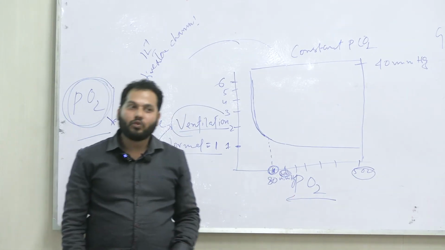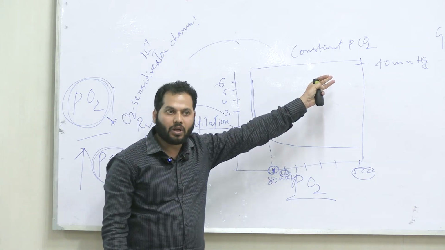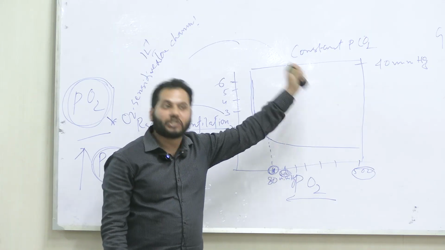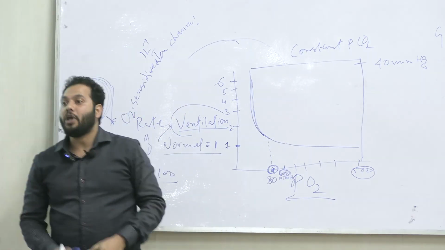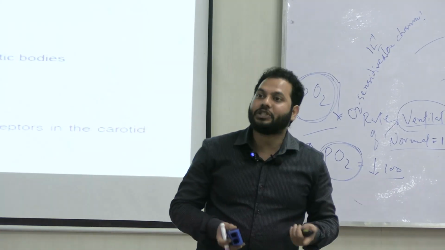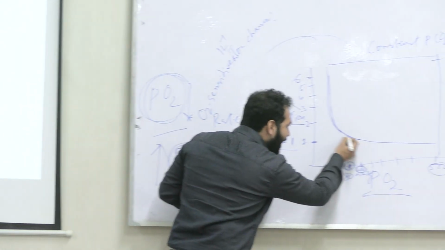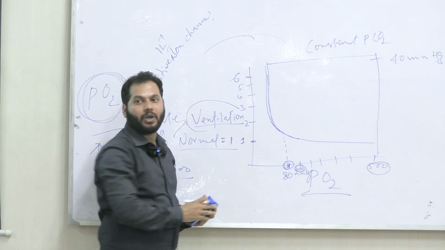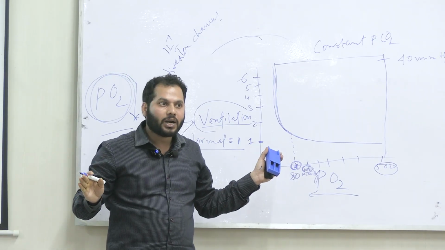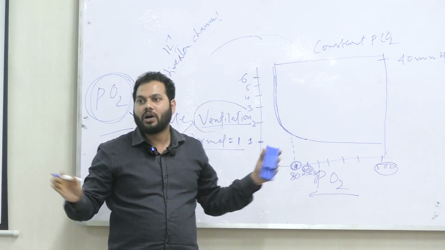So it was found that though there is a constant PCO2, still it needs to improve the partial pressure of oxygen. To improve the partial pressure of oxygen, it needs to change the rate of ventilation again. That means there is no change as such.